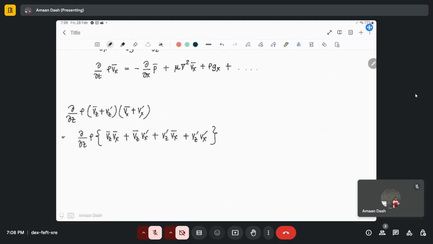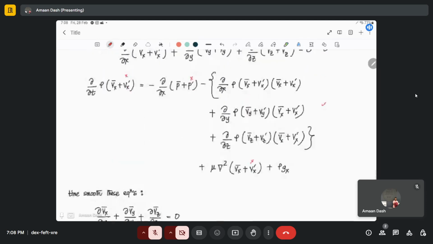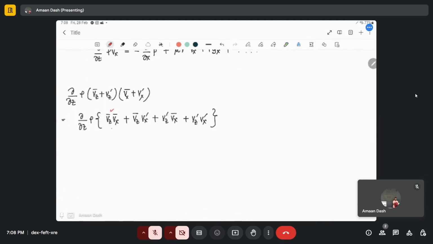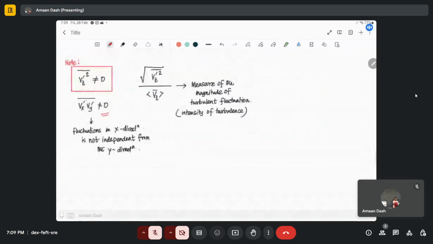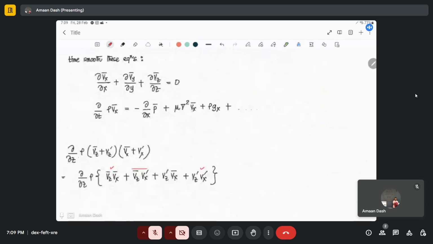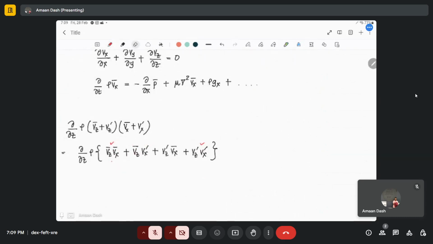If we take the time average of this, you see this is the average value, so this will still be there. These are two fluctuating components; I have mentioned that this will not be equal to 0. So this will be there, and here we will be getting the average of this. So if you see this expression, this will be 0. So these terms will go away, this term will go away, and this term will also be going away.